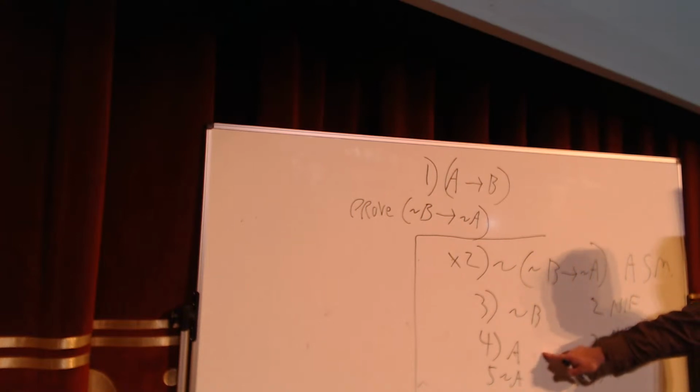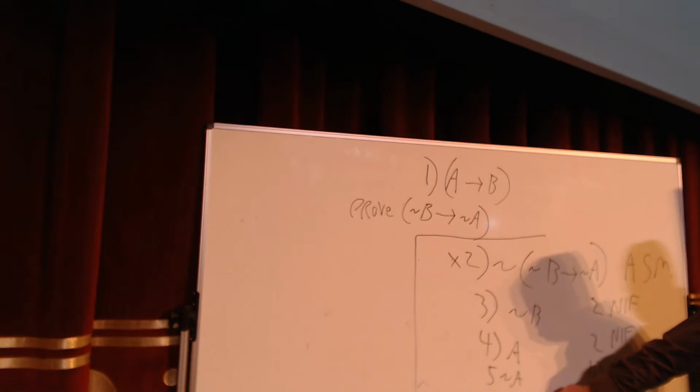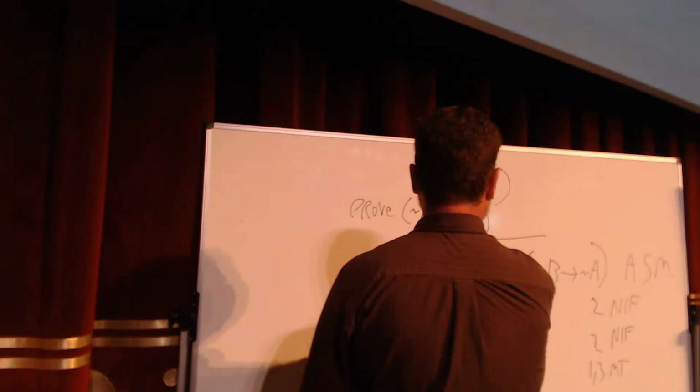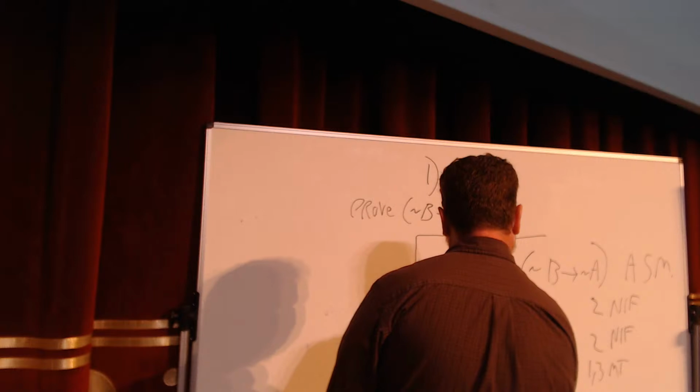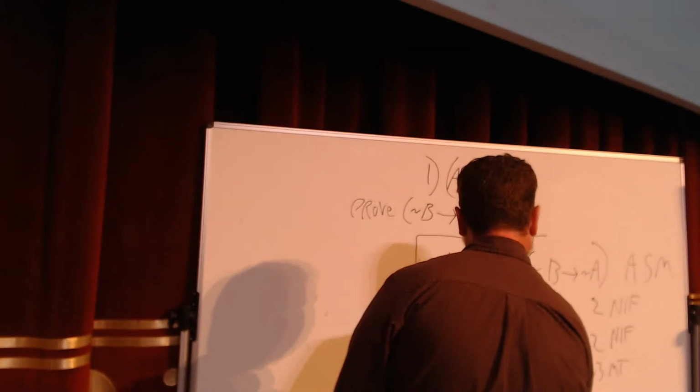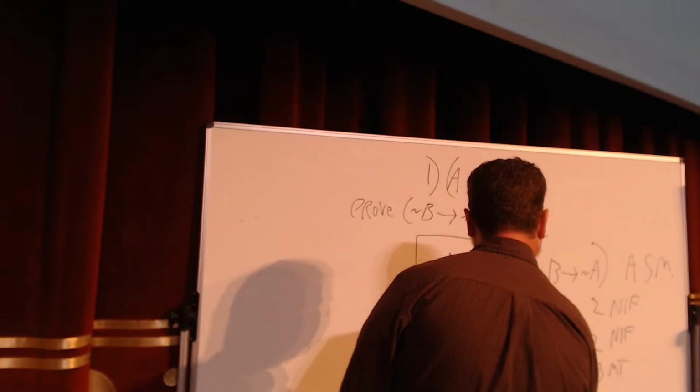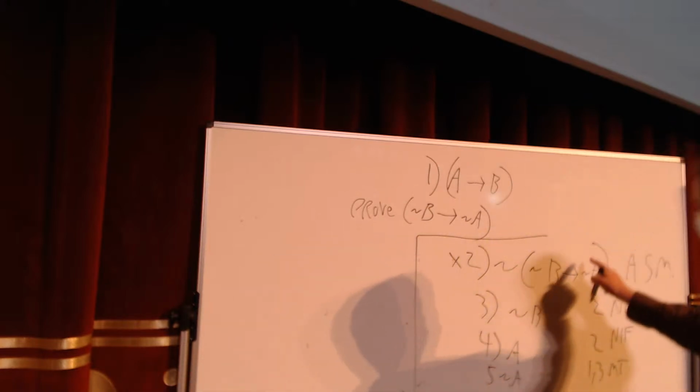And then once I've done that, I then have a direct contradiction because I've got A true in statement 4, but I also have A false in statement 5. So therefore, I can immediately prove the opposite of this assumption and derive if not B, then not A from 2, because 4 and 5 contradict.